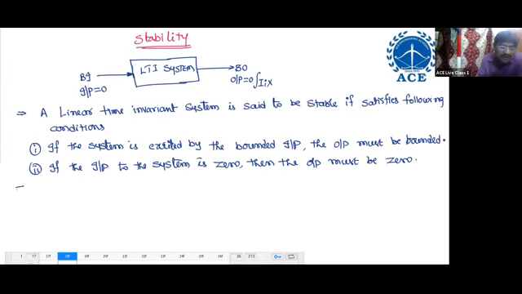But stabilities are classified into two ways, based on operating condition.